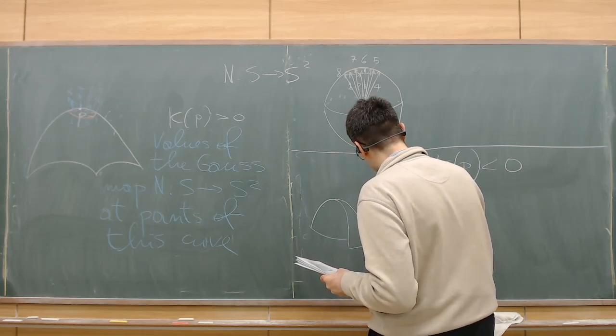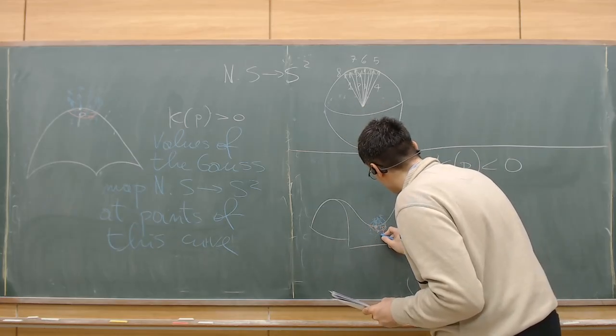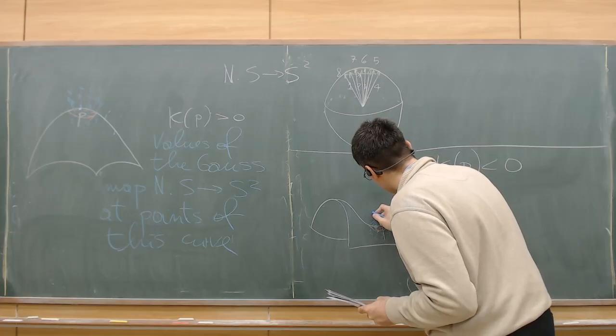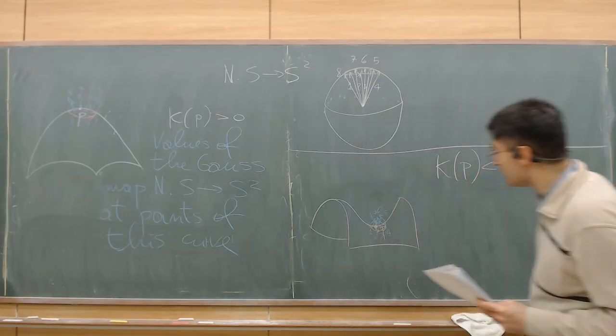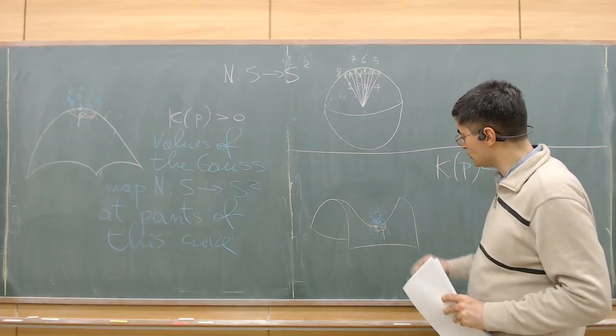What we get is this. So 1, 2, 3, 4, 5, 6, 7, and 8. This picture is a bit confusing, but I hope that you understood what I'm doing.